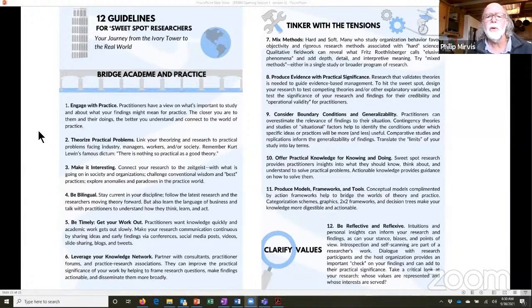Then you have a real opportunity to share your theoretical and academic perspective and let a practitioner kind of play with that and work with it. And there's nothing better in my mind than a model like the agility pyramid or a survey instrument and so on that not only makes your knowledge actionable, it also helps to build your own reputation and capacities to sell your next research project.